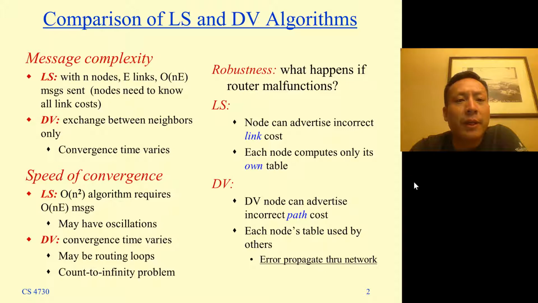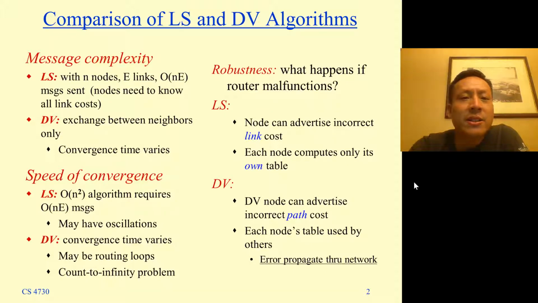We learned in great depth how they calculate the shortest path from a specific source node to the destination node, and that's very important. You have to make sure that you understand all the details of the algorithms.